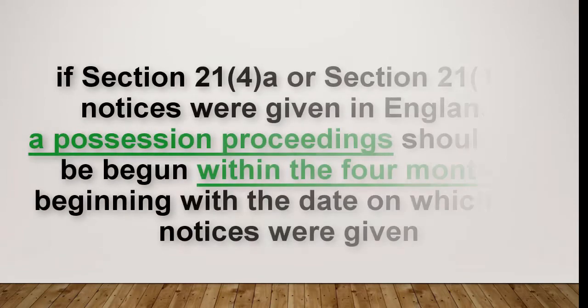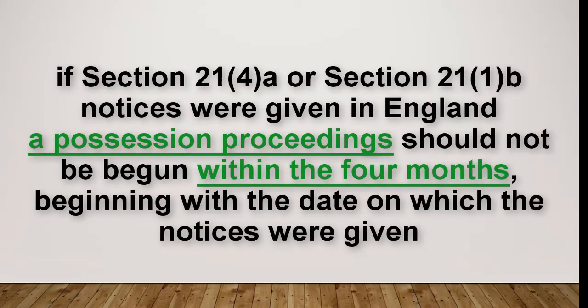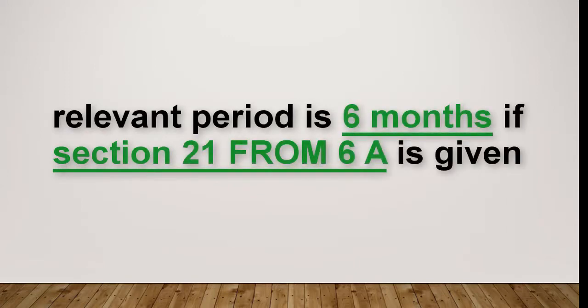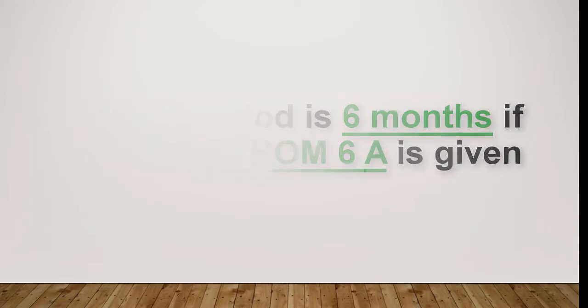If Section 21 4A or Section 21 1b notices were given in England, possession proceedings should not be begun within the 4 months beginning with the date on which the notices were given, whereas the relevant period is 6 months if Section 21 Form 6A is given.